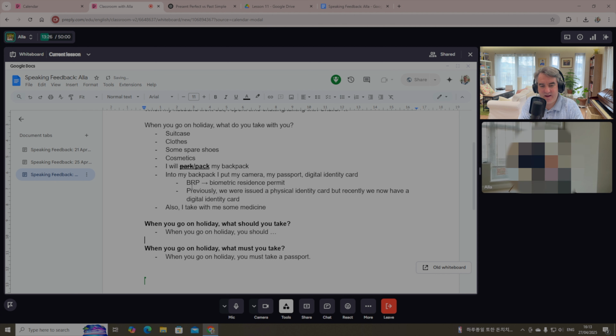And what should you take if you go on holiday? Should take clothes, for example. A coat. Okay. That's fine. That's good.